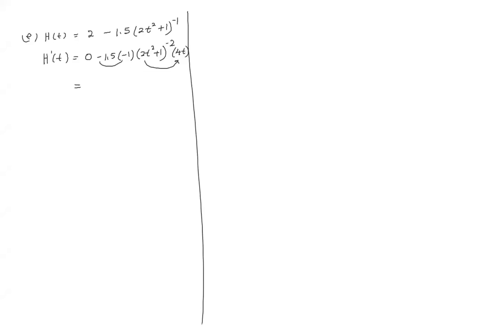Negative times negative is positive. All this you can use your calculator to count. So this will be 6t. Am I right, class? Are you clear? So you must show that.